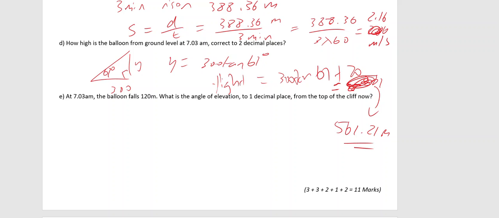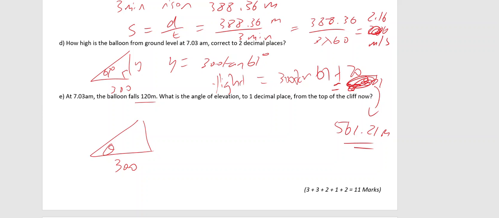At 7 a.m. the balloon falls 120 meters. What is the angle of elevation to 1 decimal place from the top of the cliff now? Okay, so the balloon has now fallen 120 meters. We want to find the angle of elevation. Okay, so we know that that's my theta. I know this is 300. Now it's fallen 120 meters.